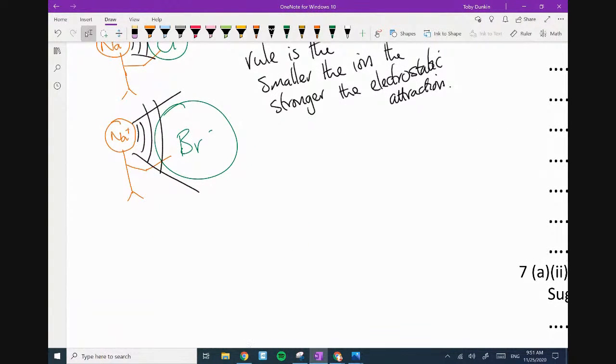Imagine holding onto a tennis ball. Imagine I gave Jack a tennis ball to hold on to. And I said, I want you to hold on to that for dear life. What Jack will do is clamp his hands really tightly around that object, and he will apply all his force onto a small one.